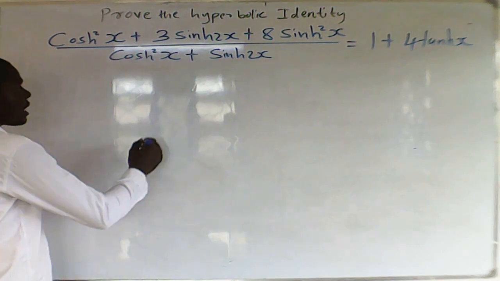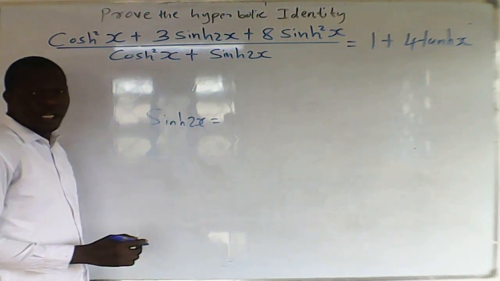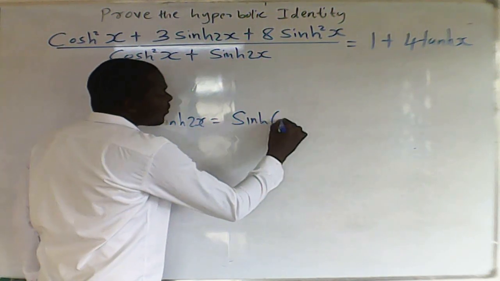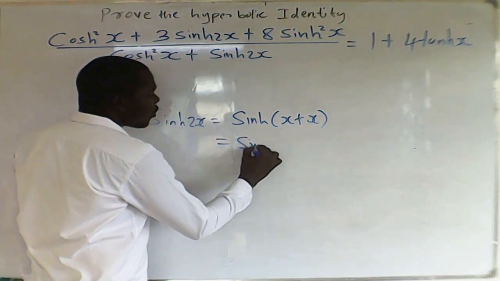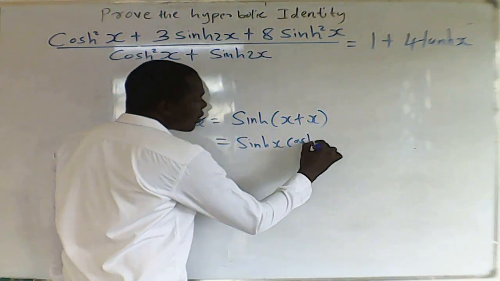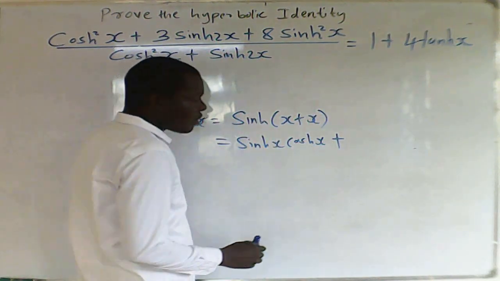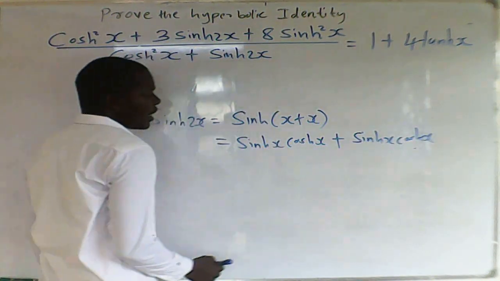So the double angle here, sinh 2x, is the same as sinh of x plus x, isn't it? In hyperbolic that is going to be sinh x cos x plus sinh x cos x, isn't it?